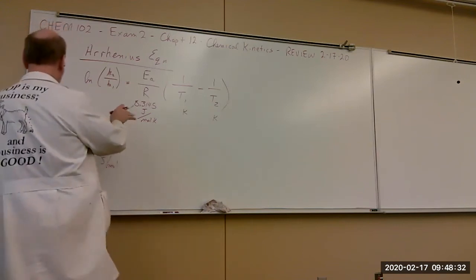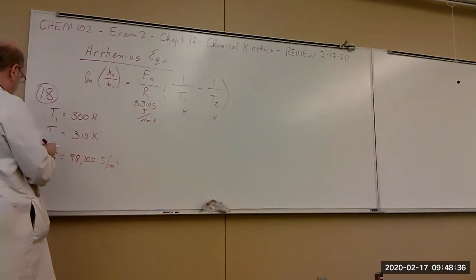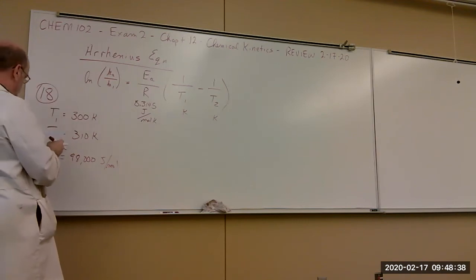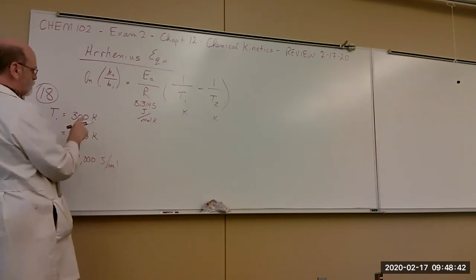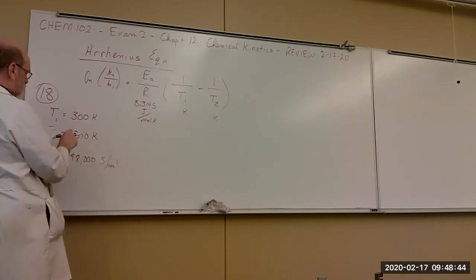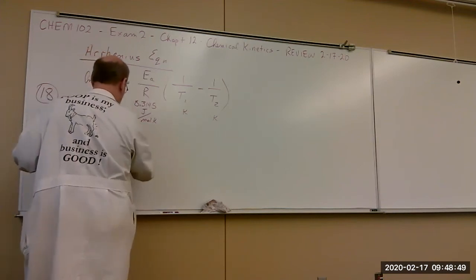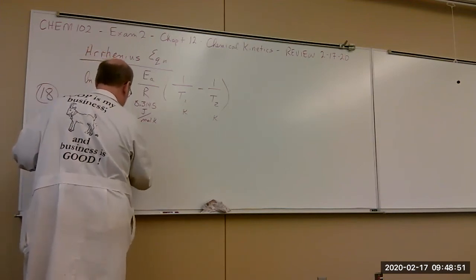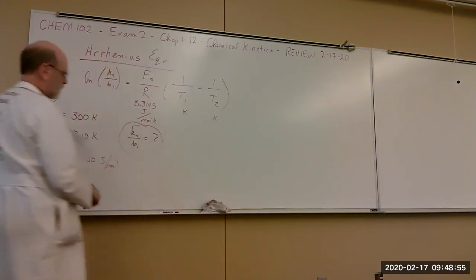So here we've got this situation, and we want to know the ratio of K values. Right? So we want to know that ratio, K2 over K1 equals what, to the nearest whole number?